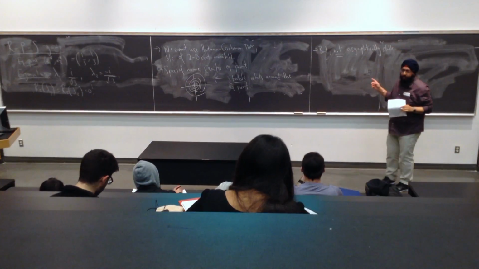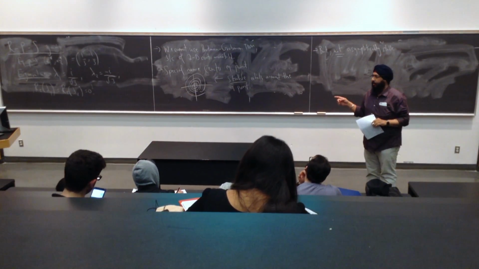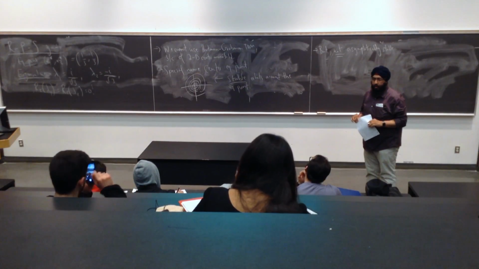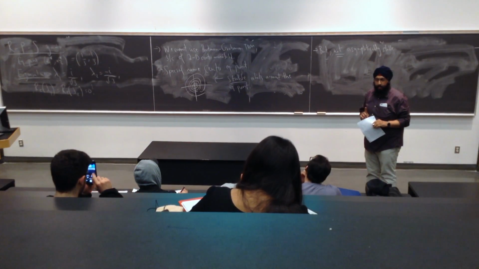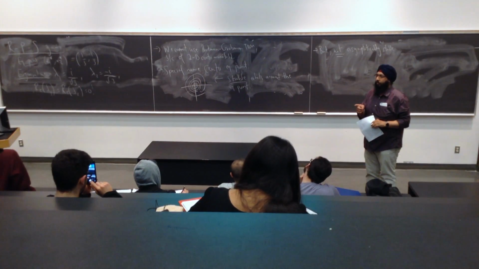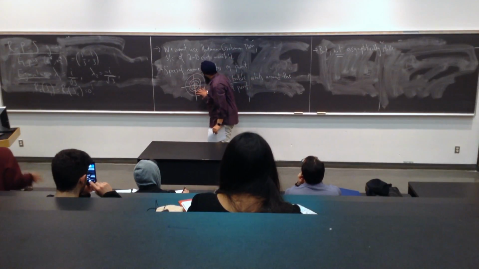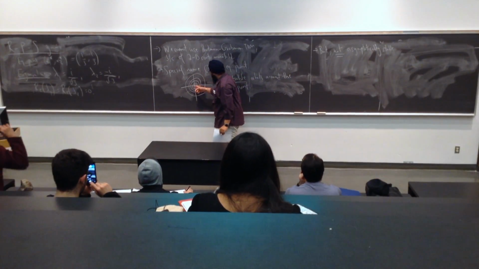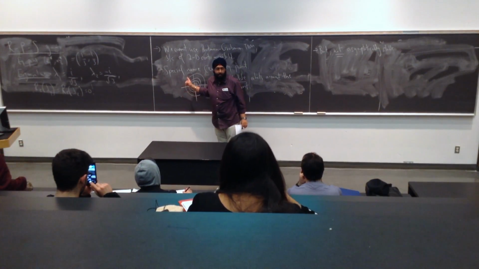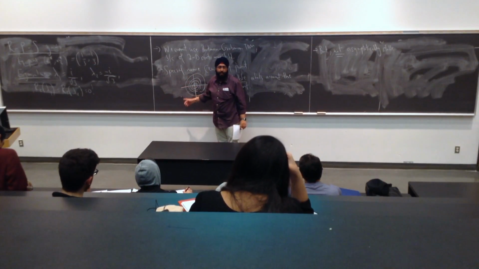And what is the difference between stable and asymptotically stable? Anybody? In the long term, one is stable whereas the other is not. Almost. In the case of stable, we just have orbits that are stable around the equilibrium point, but they never approach it, they never tend to the equilibrium point.